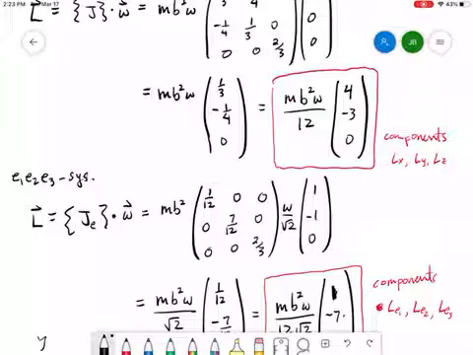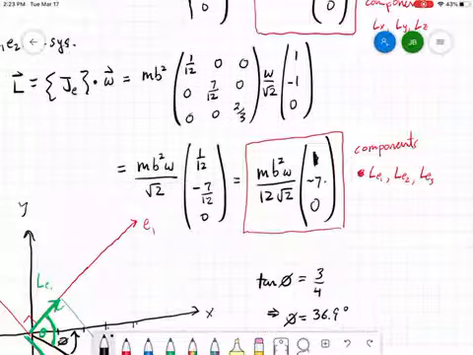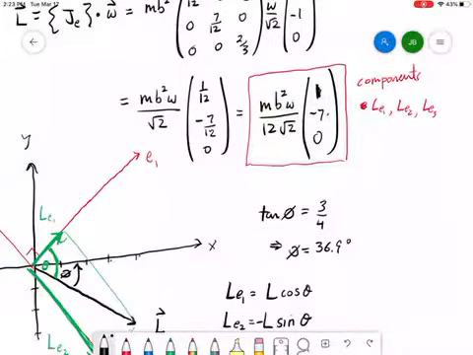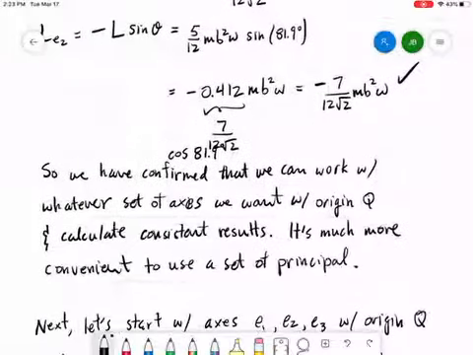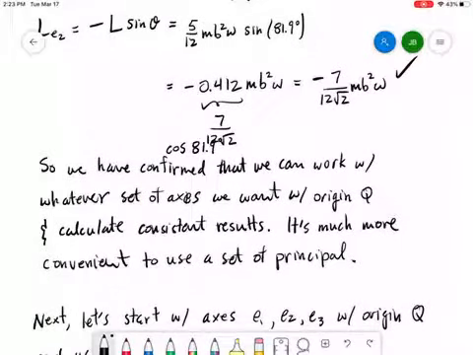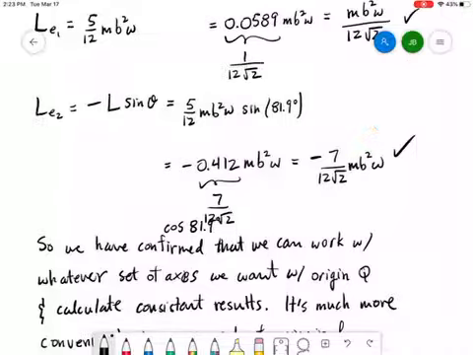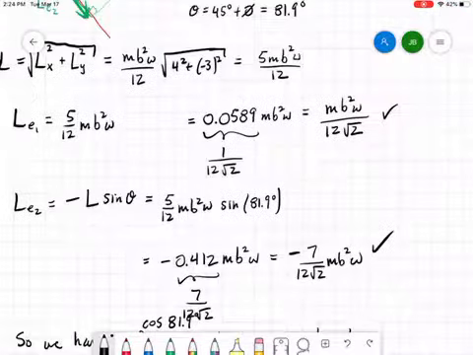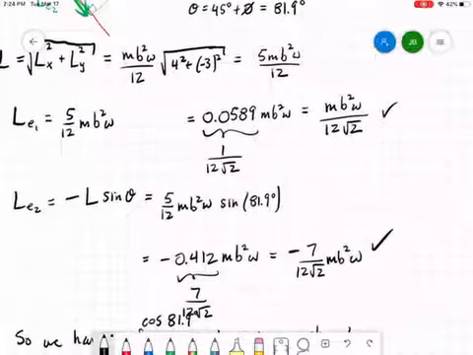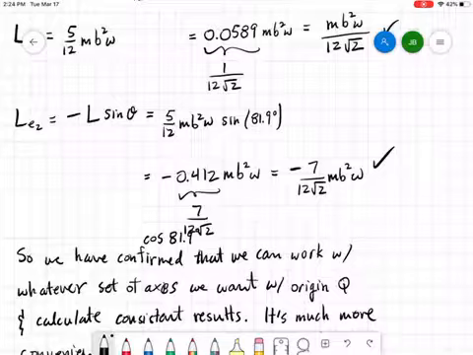Let's just remember that the 2, 2 component is 7 over 12, and the 3, 3 component is 2/3. So 7 over 12 and 2/3.